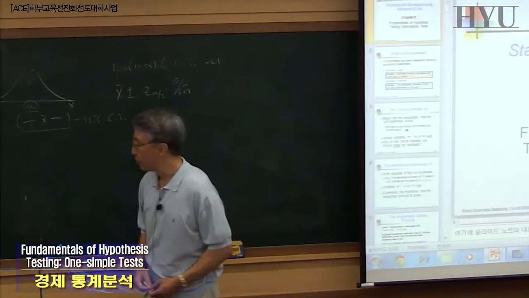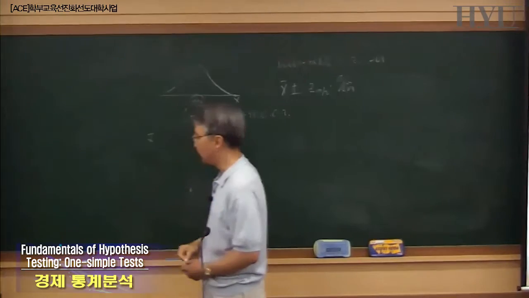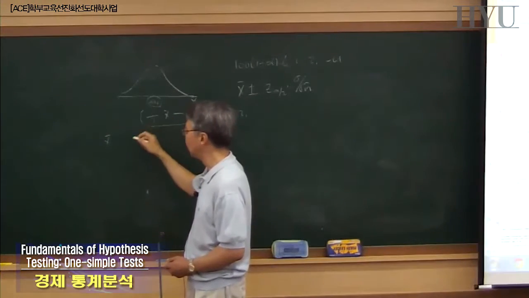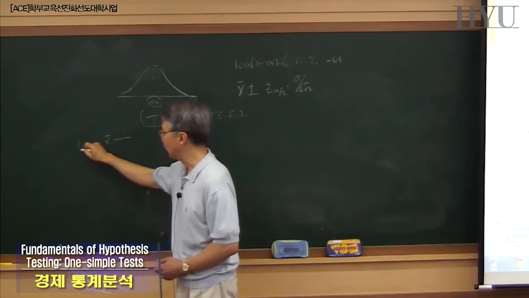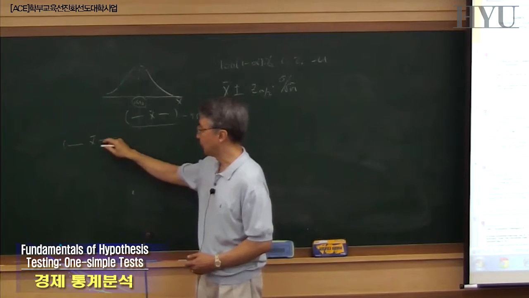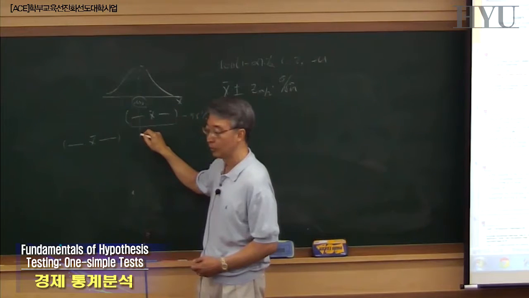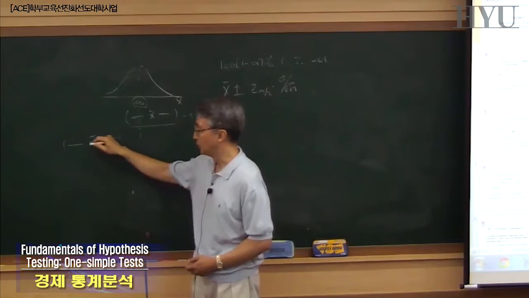But for some reason, your sample mean came out pretty far away from this number. So when you calculated the confidence interval, that range does not include this number. So this mu0 is outside the confidence interval.